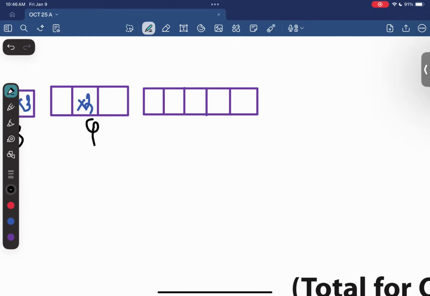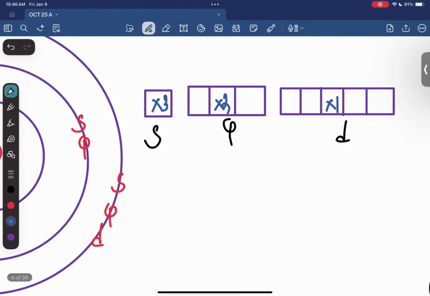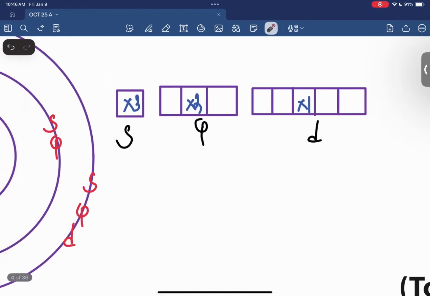And this is going to be D. And how many D orbitals do we have? We have only one of it, right? So 3, 2, and one.